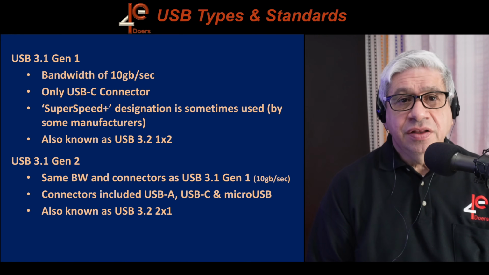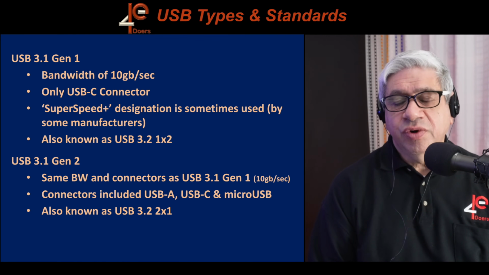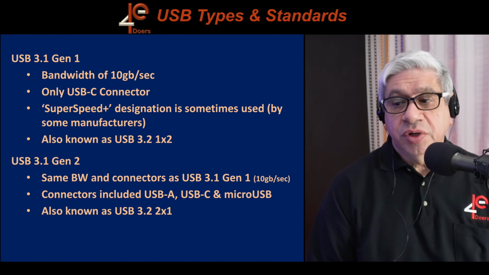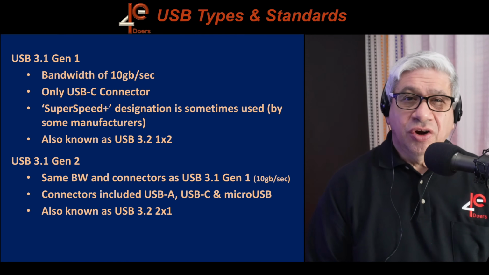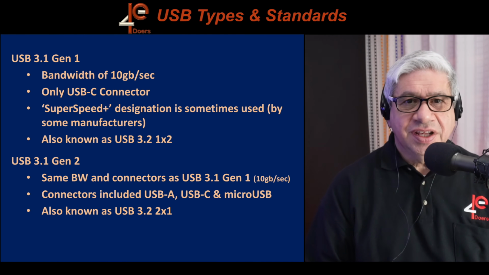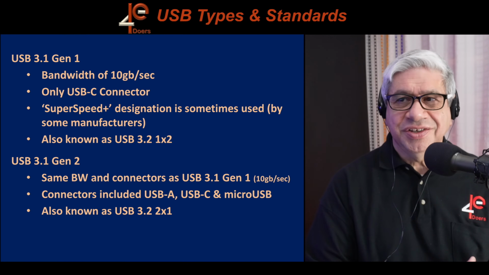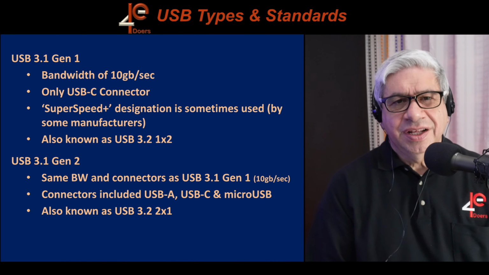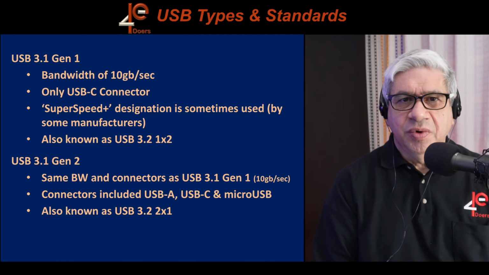However, now they added some additional connectors. They went back and re-added USB-A, and they added micro USB to this one as well. And this was also known as USB 2 by 1. So it's kind of hard to follow that designation, but they decided to switch from the previous designations over to this 1 by 1, 1 by 2, 2 by 1, 2 by 2, and that's, I think, as far as they got with the USB 3.1 anyway.